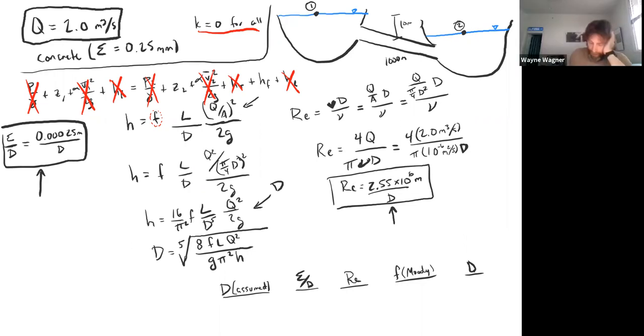All right, so then again, it's nice if we make that easier on ourselves. So let's go ahead and plug in some numbers. So we're gonna do the fifth root of 8. The length is 1,000. Q squared is 2.0 CMS squared.